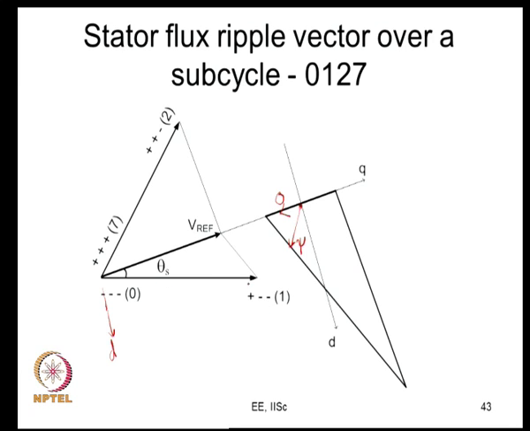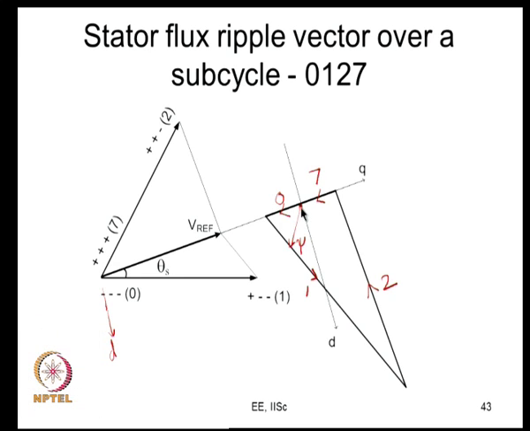When active vector 1 is applied, you have this line, it moves parallel to this line. And when it is switched to active vector 2, the error voltage vector changes, and therefore, the integral of the error voltage vector or the stator flux ripple vector also changes, and its tip moves along this line, and finally, it comes here and it switches here, and this is where 7.